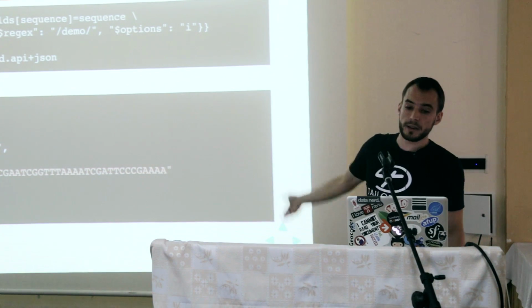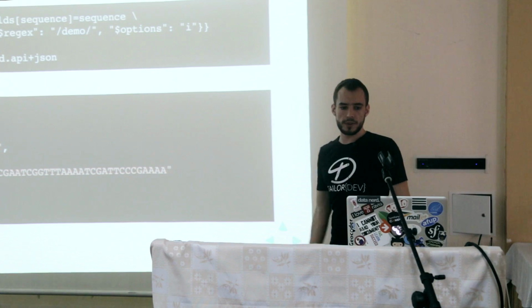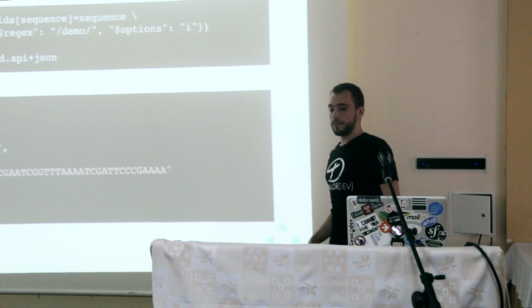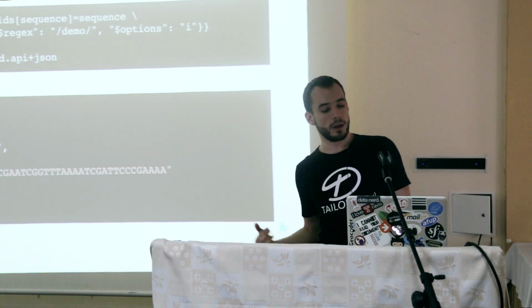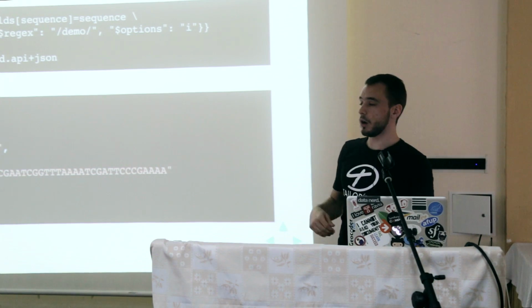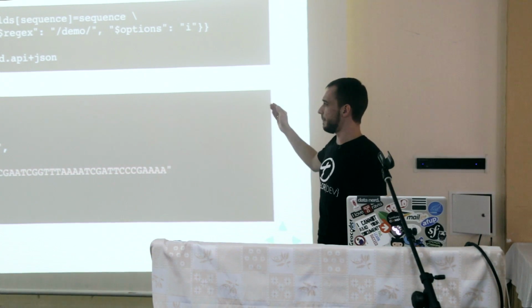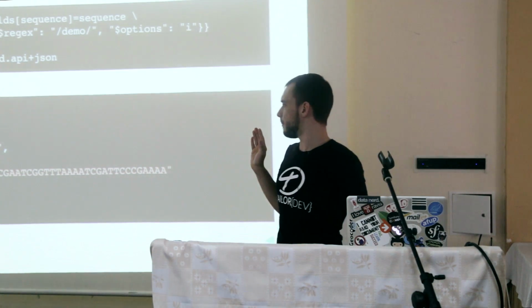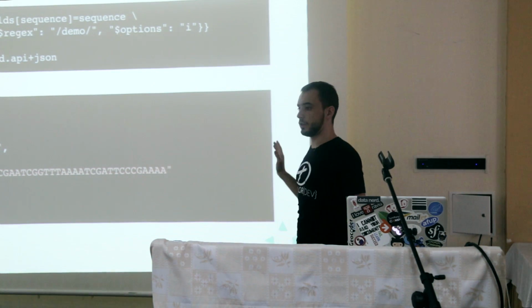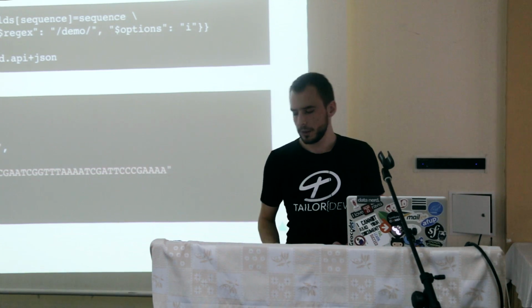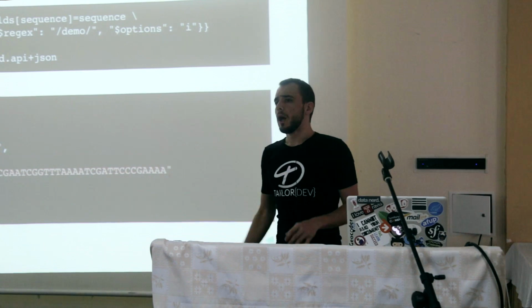And then I can combine this with sparse field set, and this query actually says, give me all the sequences of sequences, because this is a part of biological data, and maybe you're not very comfortable with biology.